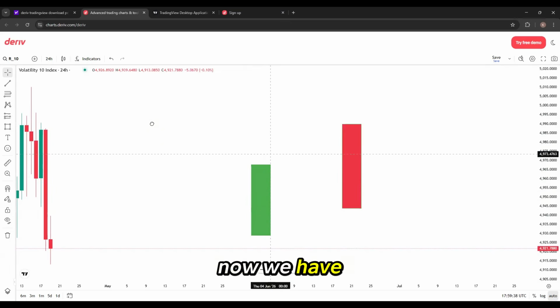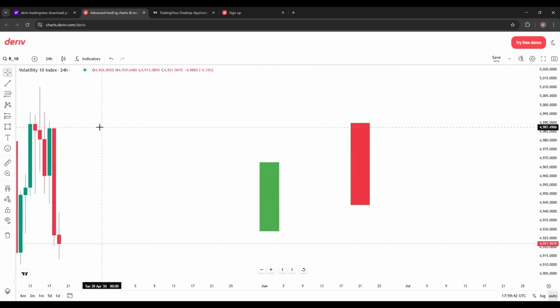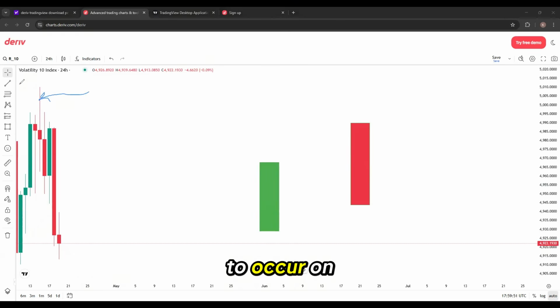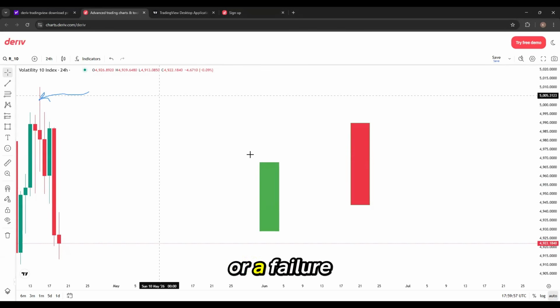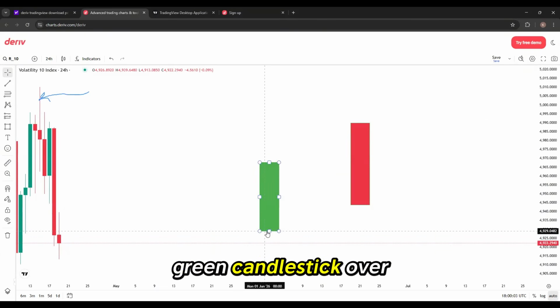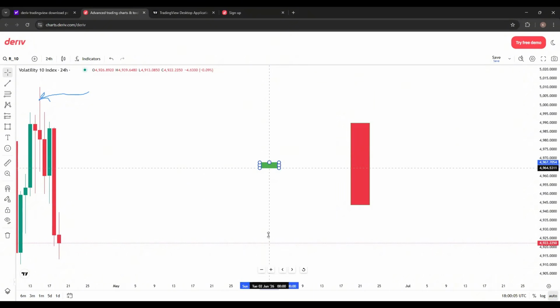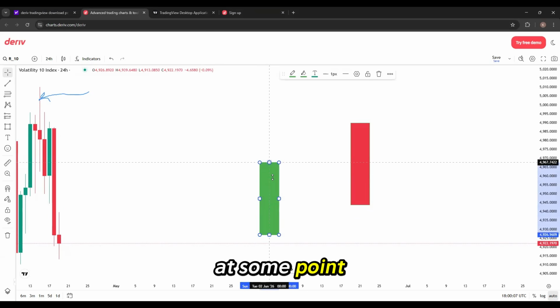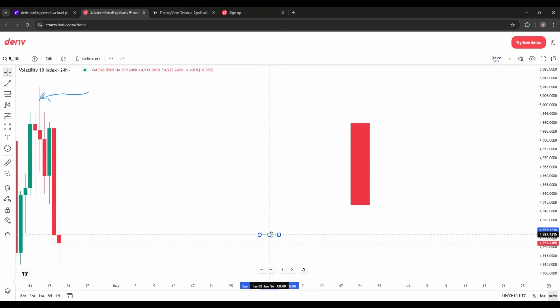Now, we have what you call wicks or tails. I think we can also see tails over here on my left side. For a tail to occur on a candlestick, we usually term this as a rejection or a failure to push. So let's say this green candlestick over here, it can open as a green candlestick, but before it closes, it can go down and sell.